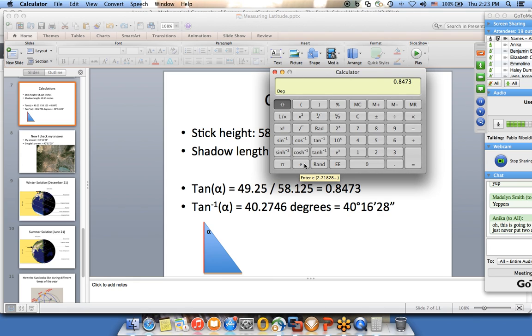If I go to the inverse, so I press shift to get the inverse relationship, that gives me the angle in degrees.